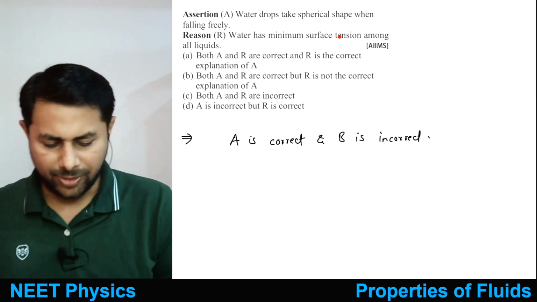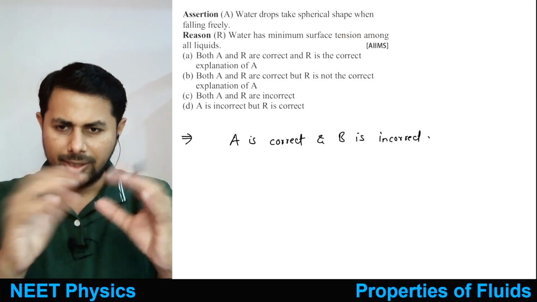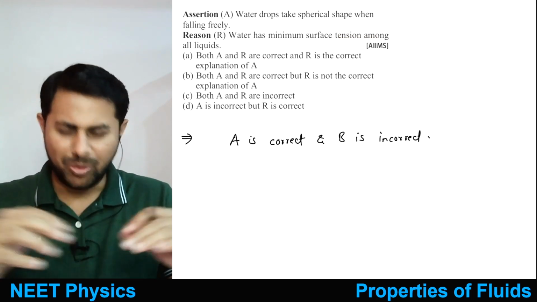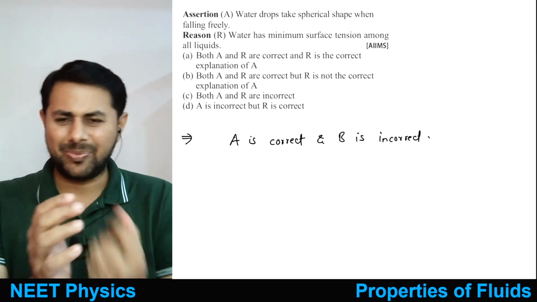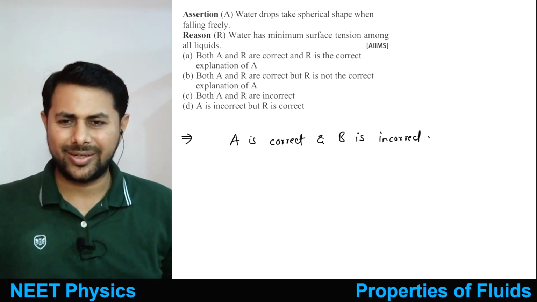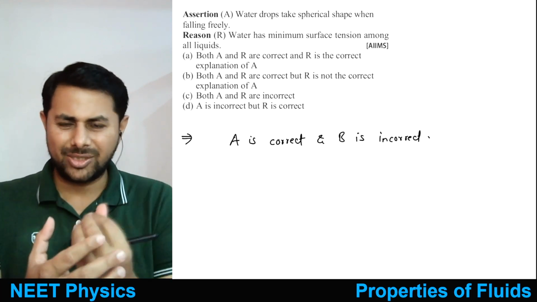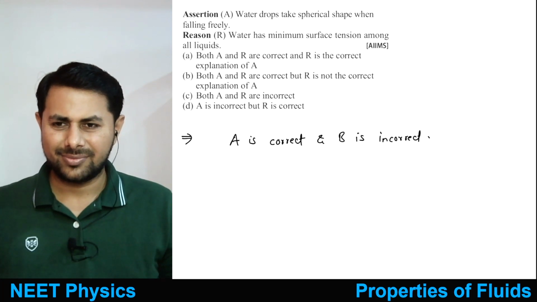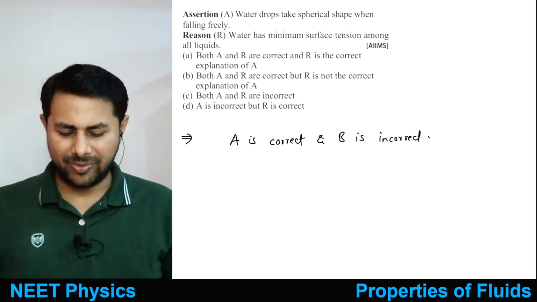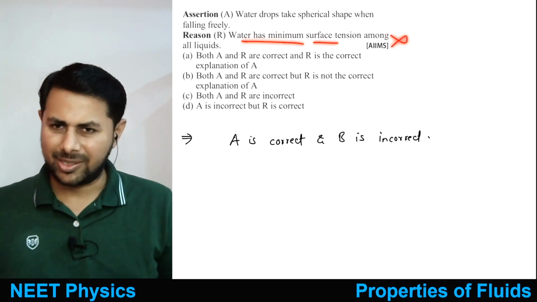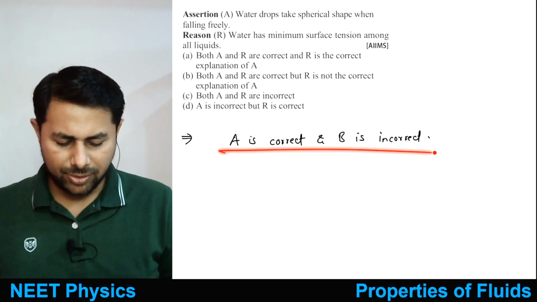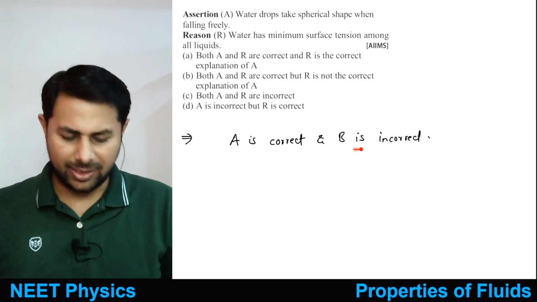If surface tension is more, then it will be more spherical, because surface tension being more means the cohesive force between the liquid molecules is more. So it should be the other way. Water has minimum tension is definitely incorrect. Water has huge surface tension. So the answer to this one is A is correct and B is incorrect.